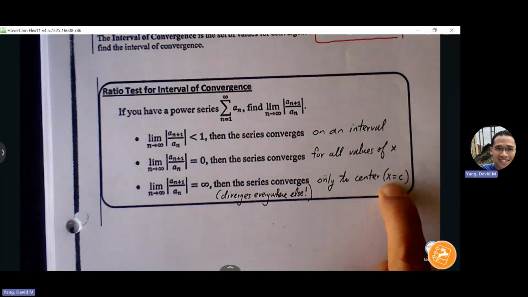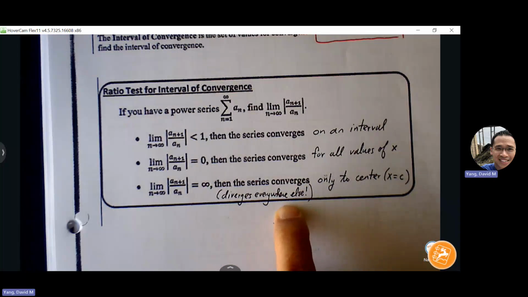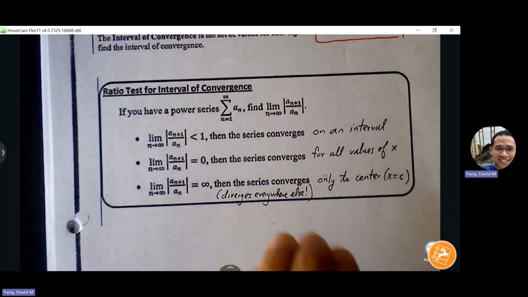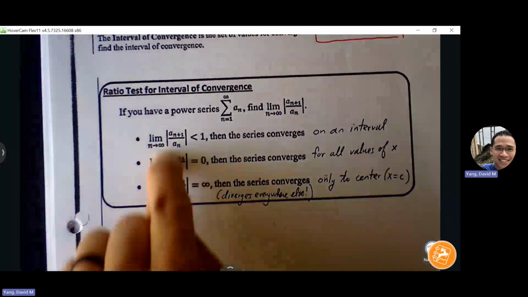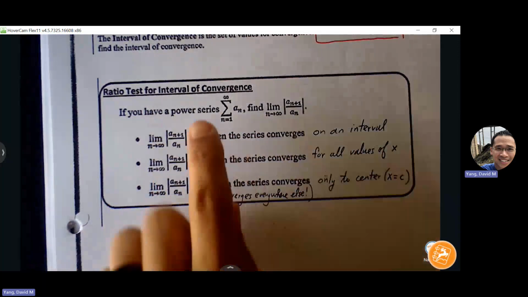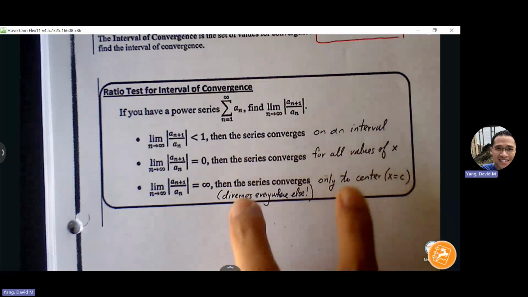So we're still going to be protected at the center. We may have everything else diverge, but we're always going to have convergence at the center. So no matter what the scenario is, it's either going to be on an interval, for all real numbers, or nowhere except the center.